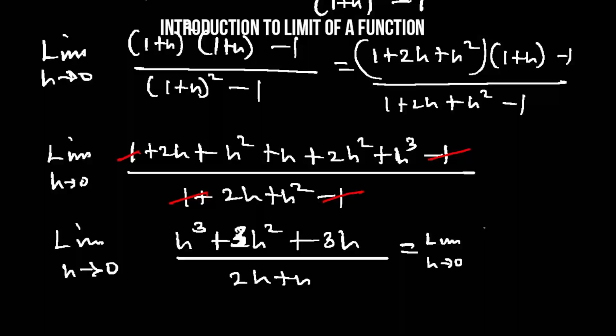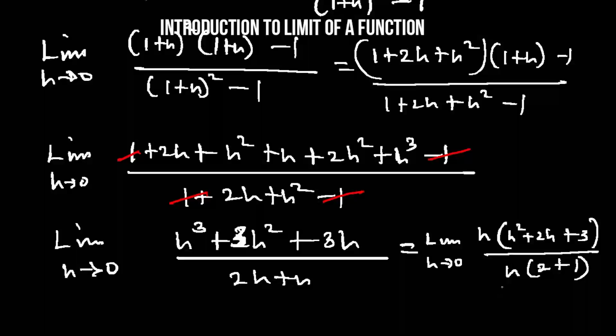If I factorize out h here, I'm going to have h squared plus 3h plus 3, divided by h into brackets 2 plus h. Am I right? Okay, yes.